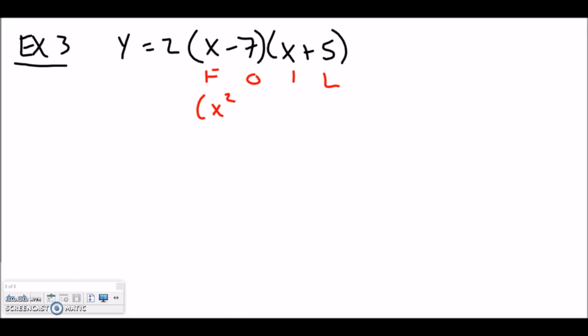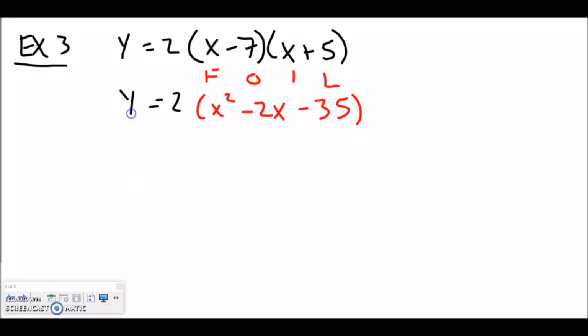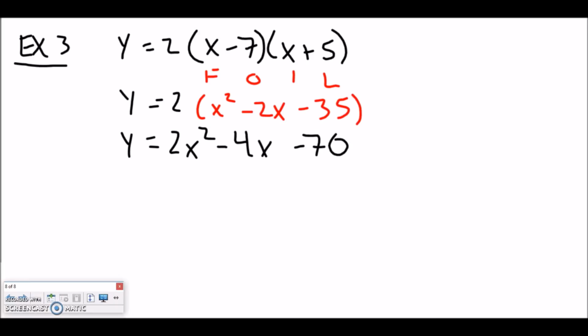I'm going to do the outer 5x and the inner negative 7x and combine those, negative 2x. And the last is negative 35. Take that and multiply it by the 2 that's out in front, and I get y equals 2x squared minus 4x minus 70. From there, we can identify our terms.